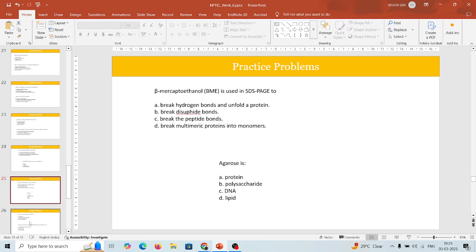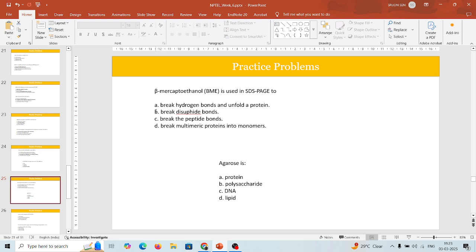The next one, BME or the beta mercaptoethanol is used in SDS page to break hydrogen bonds and unfold a protein, break disulfide bonds, break the peptide bonds, break multimeric proteins into monomers. So what is the role of BME? Break the disulfide bonds.